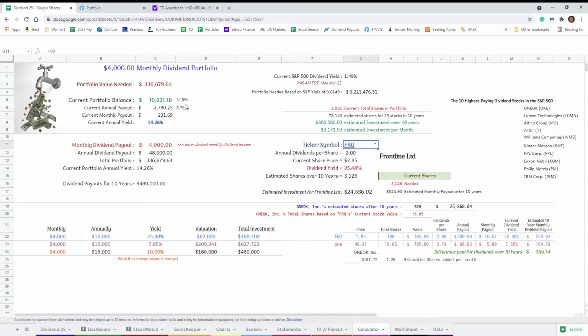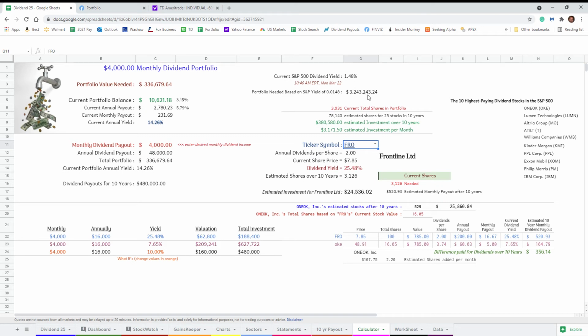Now, sometimes I look at this spreadsheet and my numbers don't actually agree with each other. If you look here, I'm showing 336. If you come down here over a 10-year period, it's showing 380,580. So I'm not quite sure why there's a difference between here and here.